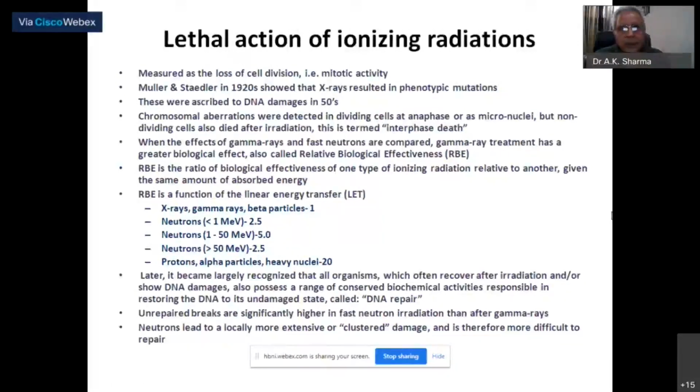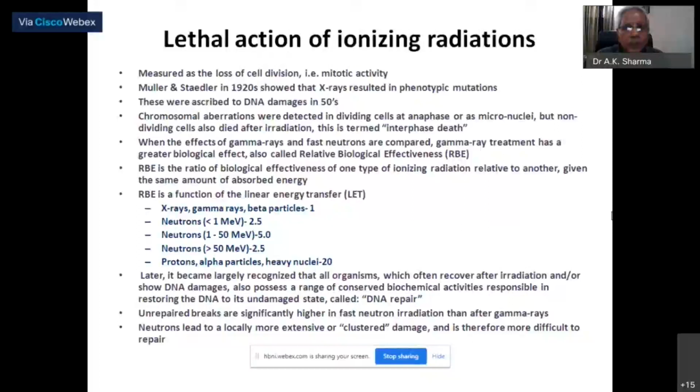Now, lethal action of ionizing radiations is very important, because we should know that, before undertaking any experiment, you create a survival curve of an organism or living cells, or even, say, microorganisms.